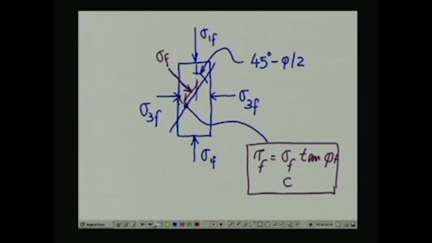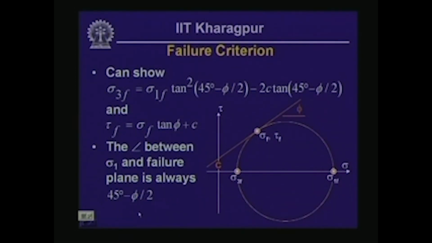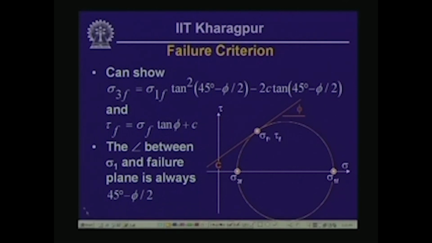This is the failure criterion called the Mohr-Coulomb failure criterion. Now let us try to prove the first expression, sigma 3f equal to sigma 1f tan square 45 degree minus phi by 2 minus 2c tan of 45 degree minus phi by 2.